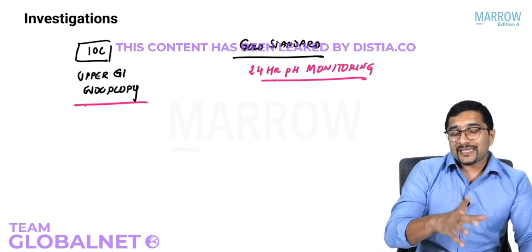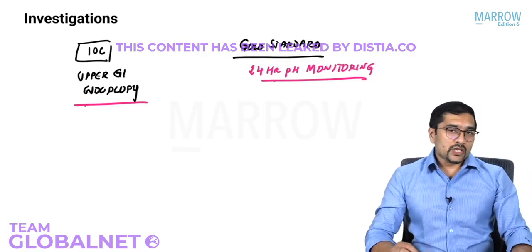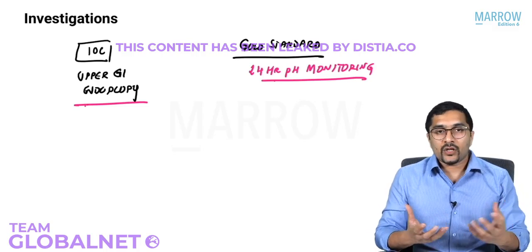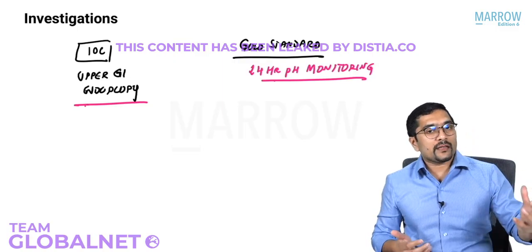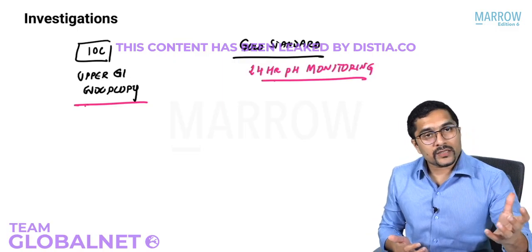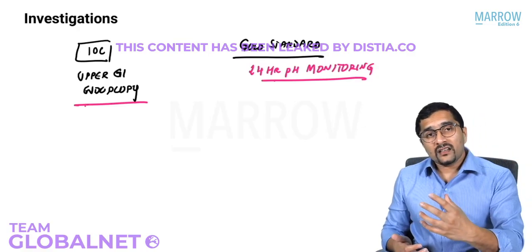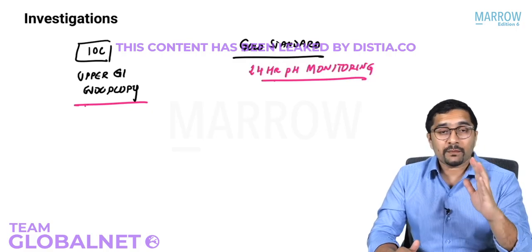I've covered this in the breast module as well, but I'll just repeat again. Investigation of choice is the most feasible, most practical investigation to do, and majority of the times it will tell me about the diagnosis. Whereas gold standard will tell me about the diagnosis 100% of times.